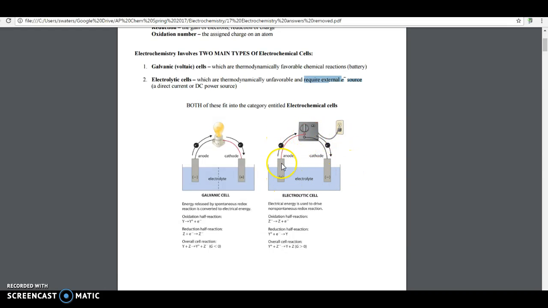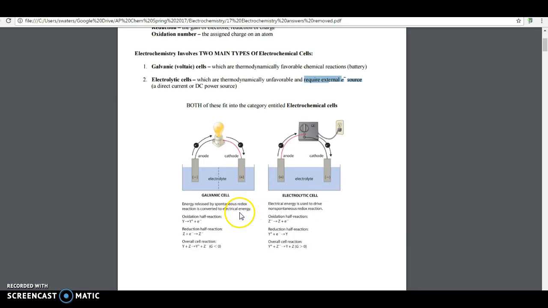So these materials, whatever they are, don't naturally want to lose and gain these electrons. And so we're using an outside energy source, plugged up here, and that energy source is going to force those electrons to move, whereas they wouldn't do that spontaneously. You can see down here at the bottom, we have a delta G value less than 0 for galvanic, but more than 0 for an electrolytic cell.